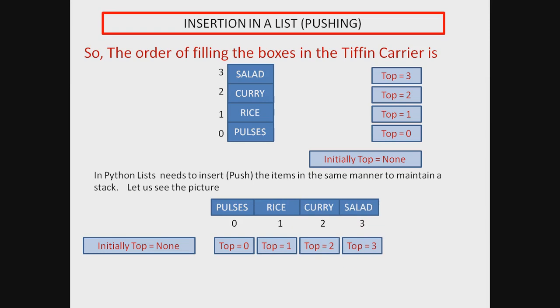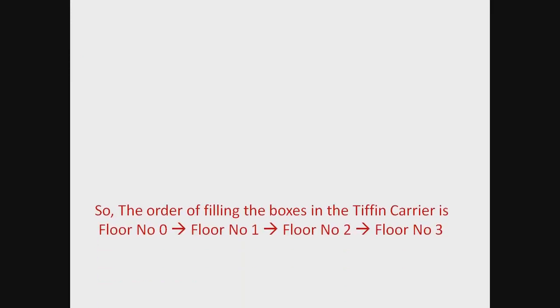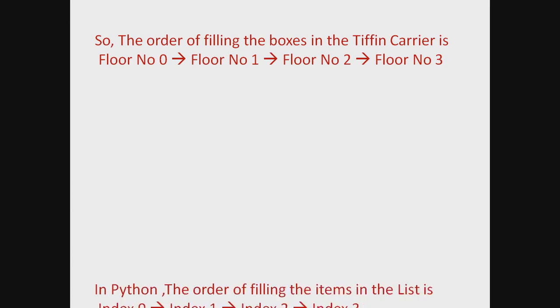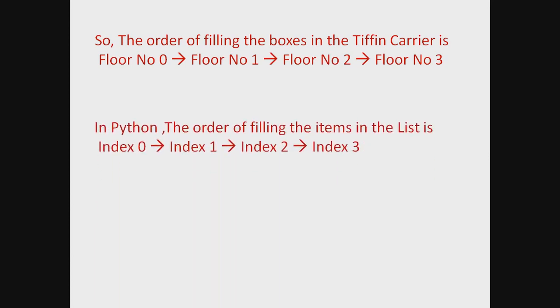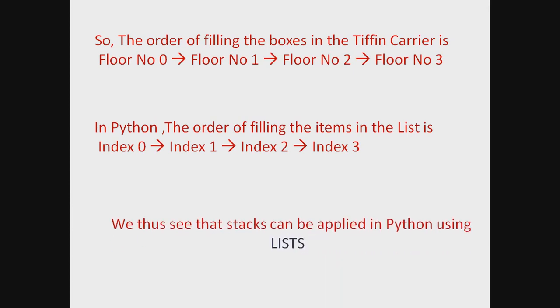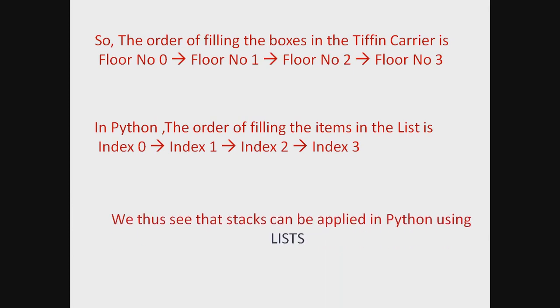And you all know when nothing was there initially, top had None in it. Again, you have understood the order. It is floor number 0, 1, 2, 3, and in Python, index 0, index 1, index 2, index 3. Thus we see that stacks can be implemented in Python using lists.